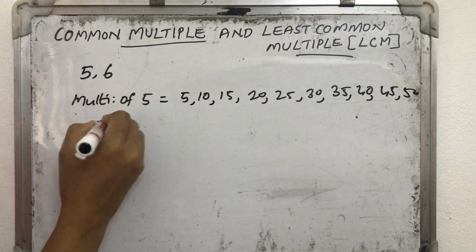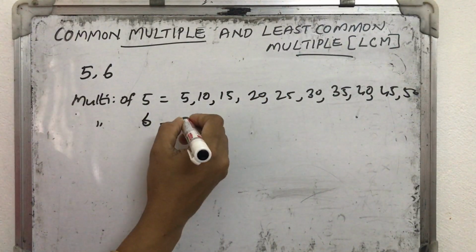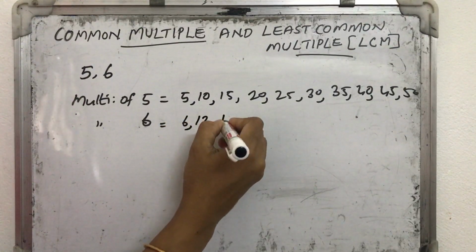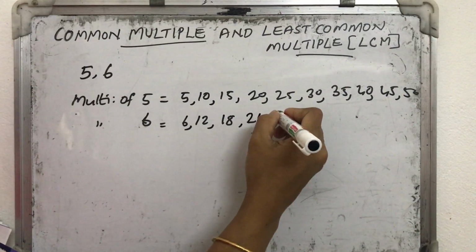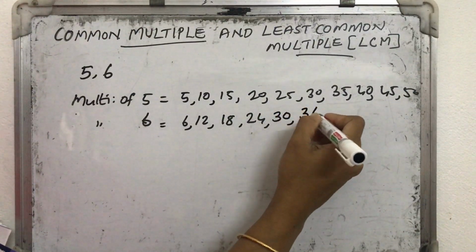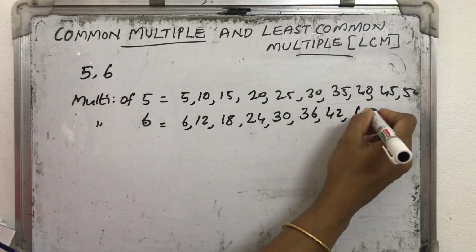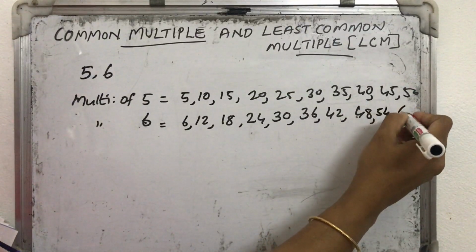Just like that, multiples of 6 also we can write: 6, 12, 18, then 24, 30, 36, 42, 48, 54, 60.